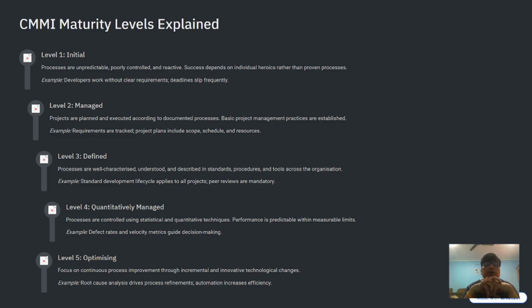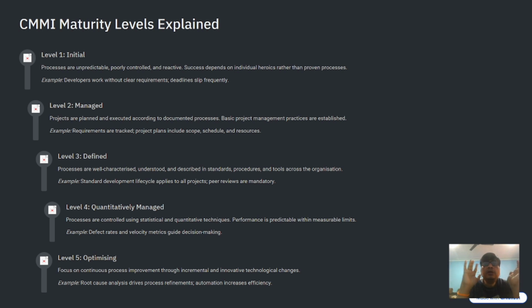Developers work without clean requirements and deadlines slip frequently. While defining the requirements, we don't have a structured way, and developers get the requirements in an ad hoc manner. So they are not aware of what to develop and how to develop. They don't have a structured way.